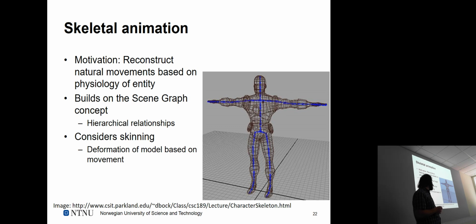But in contrast with scene graphs, we first of all have these weights. In scene graphs there was a pure hierarchy, while here it's not that strict a hierarchy, and there can be different weights between adjacent bones. And we also have the concept of skinning, or stretching the skin.